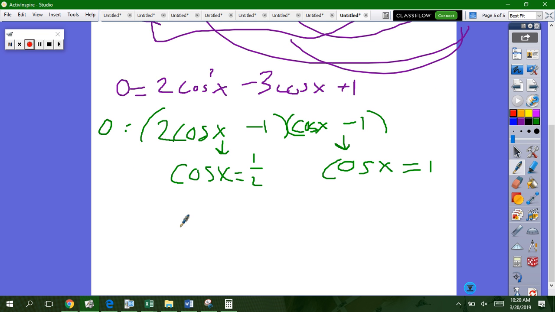Where does cosine equal 1/2? No, pi thirds and 5 pi thirds plus how much? 2 pi n. Where does cosine equal 1?